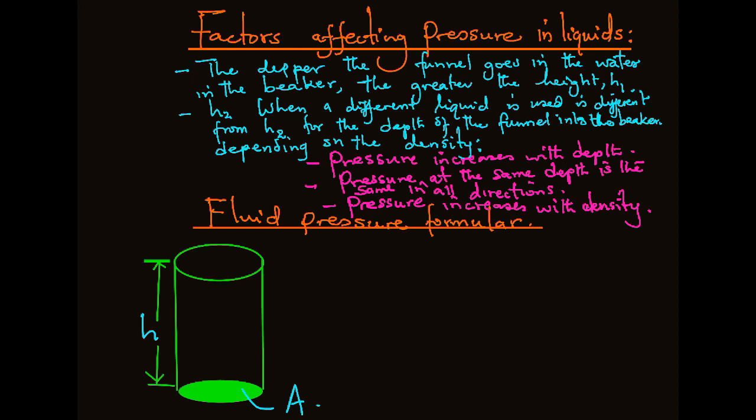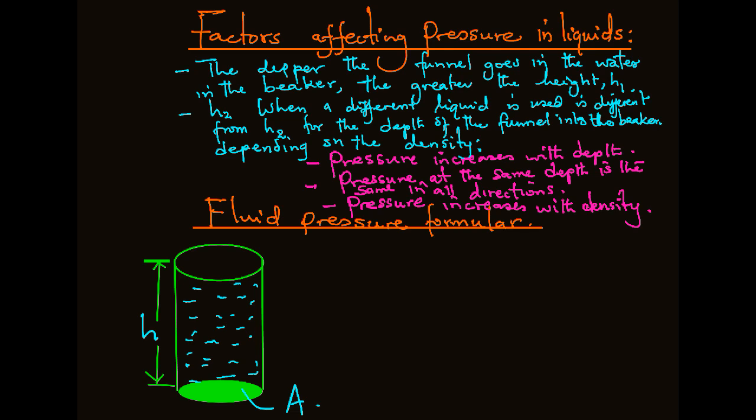Let's now look at the fluid pressure formula. So in this case, we consider a cylinder which is filled with the liquid to the height h shown in the diagram. The cylinder has a weight and therefore exerts some pressure on the surface.